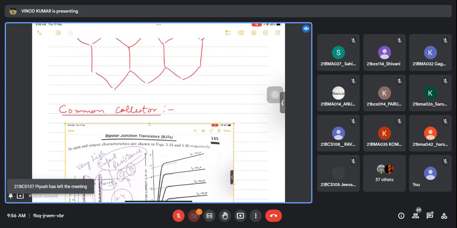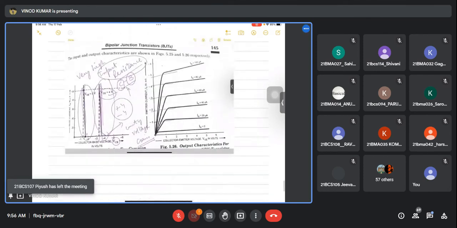Right? So this is about common collector configuration, and this is input and this is output characteristics.